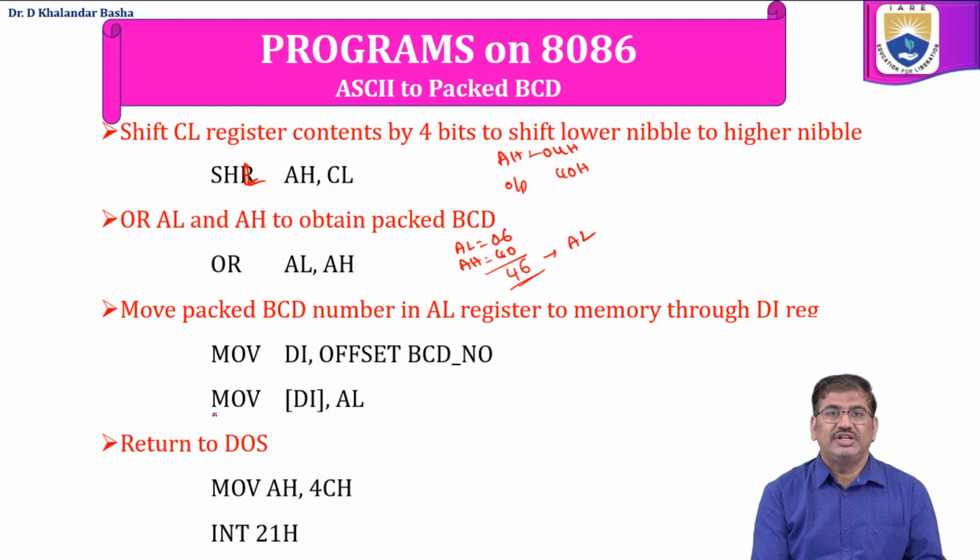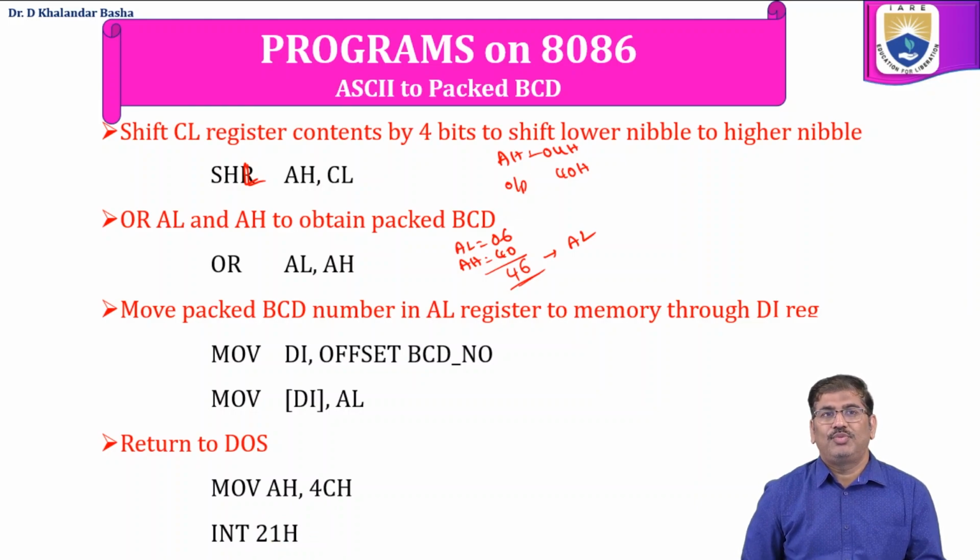So for that we use the instruction MOV [DI], AL. So now the AL, which contains the packed BCD number, will be loaded into the memory pointed to by the DI register. Then we terminate the program by using INT 21H. For returning to DOS, we execute the subroutine 4CH by loading it into the AH register. So MOV AH, 4CH followed by INT 21H.